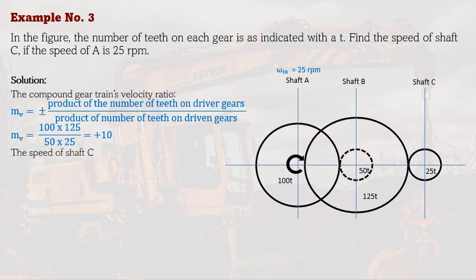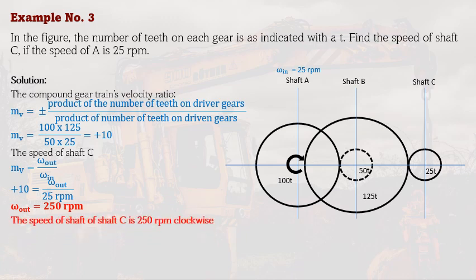So the speed of shaft C can be obtained by using our gear train's ratio, which is also equivalent to the output shaft angular velocity divided by the input shaft angular velocity. So substituting the values, since the input shaft has 25 RPM, then the output shaft speed is 250 RPM.